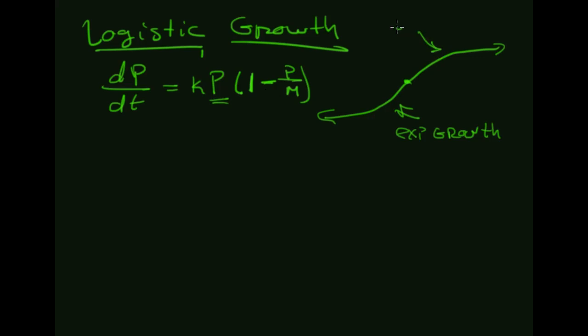This part of the curve feels like logarithmic growth, because that's where this factor is most dominant. And as you go through time, the population gains really, really fast and then slows down as it approaches its carrying capacity.